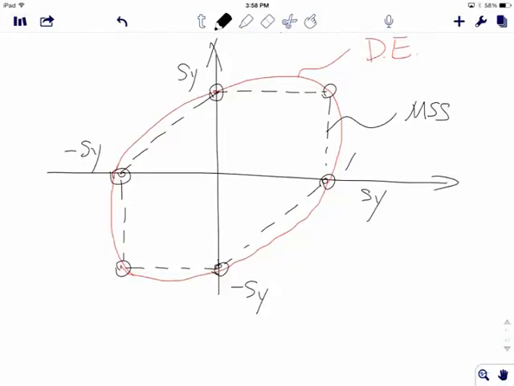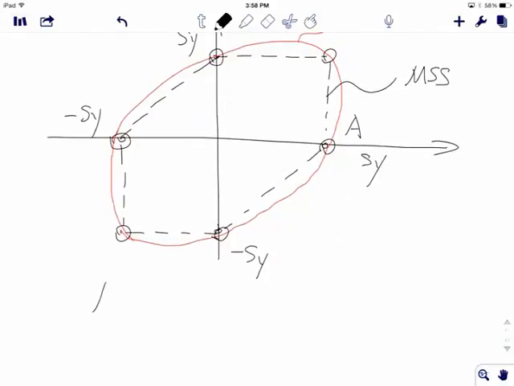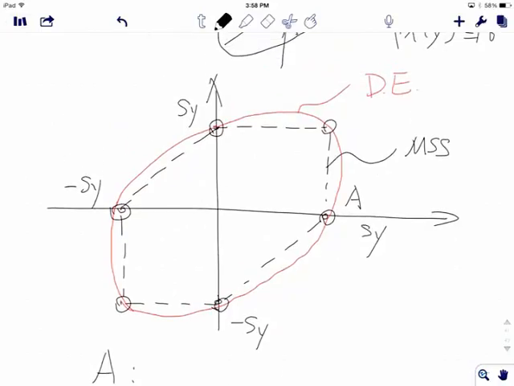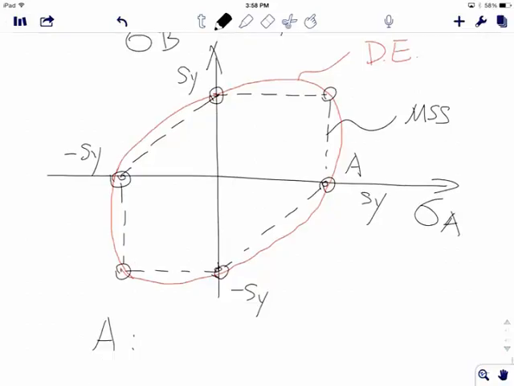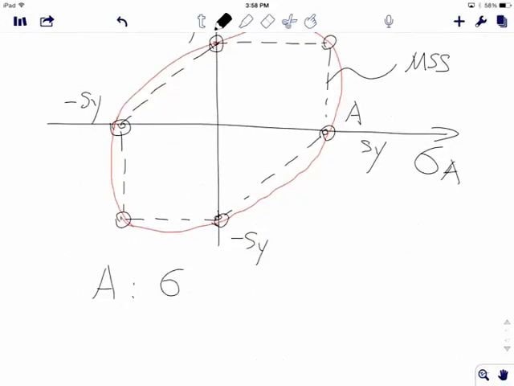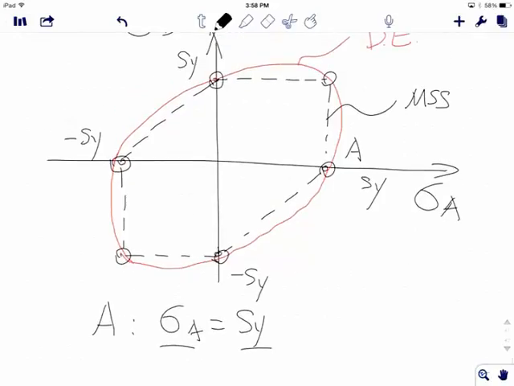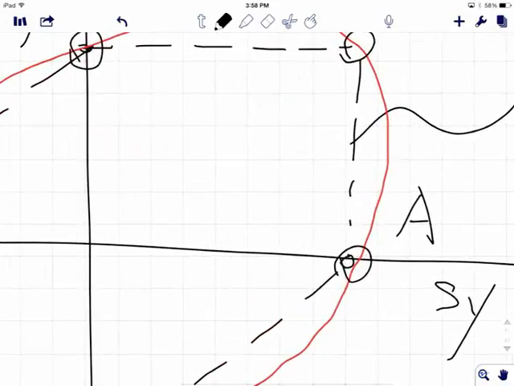For example, let's take this point A. Point A is nothing but a simple tensile case. At this point you have sigma A equal to Sy, right? So no matter whether you use maximum shear stress or distortion energy, when your stress exceeds the yield strength, then of course failure will happen, right? So therefore they're the same. Okay, now let's look at a special point. What if you have a point right here?